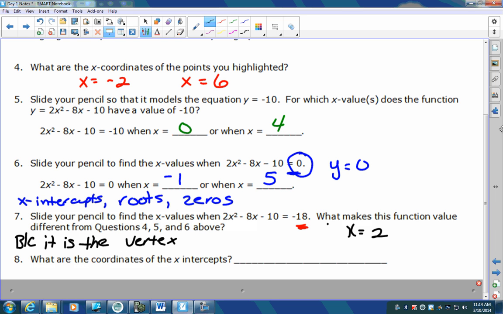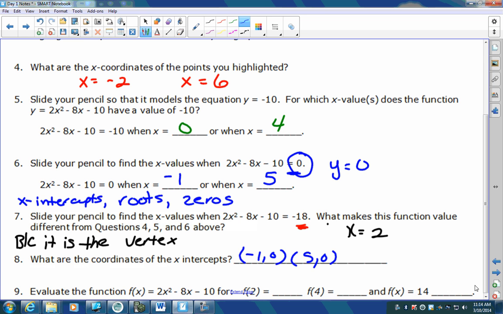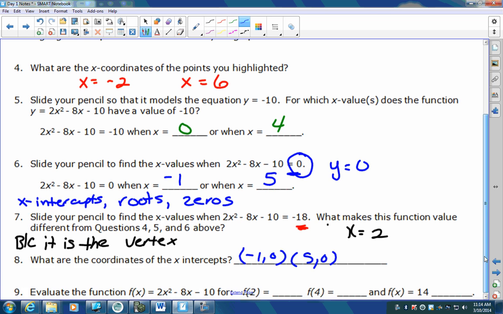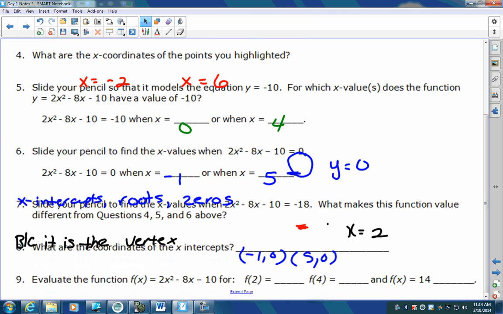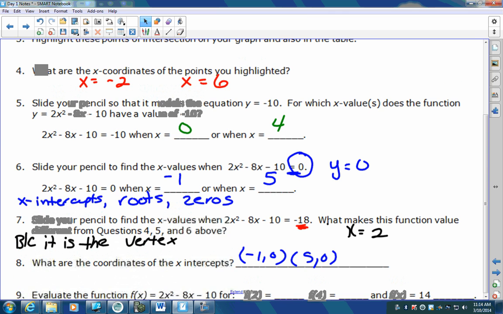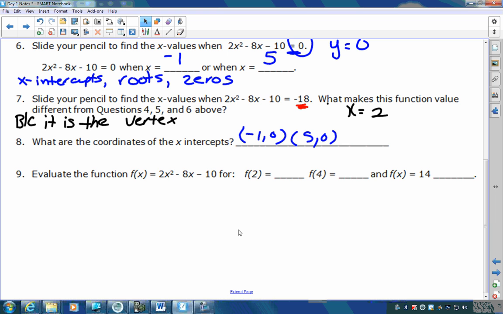Now, it says what were the x-intercepts? We already found those up here. They were negative 1, 0, and 5, 0. Okay, now look at all this down here. What does this mean?